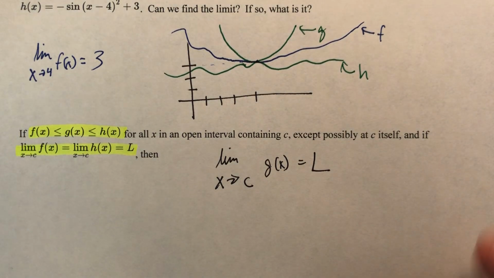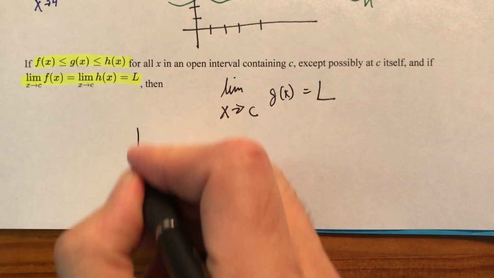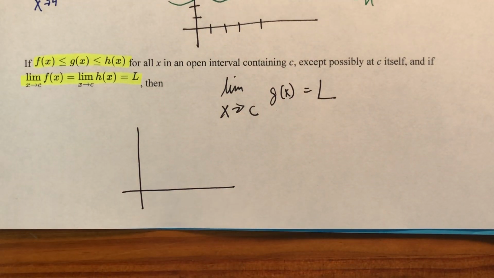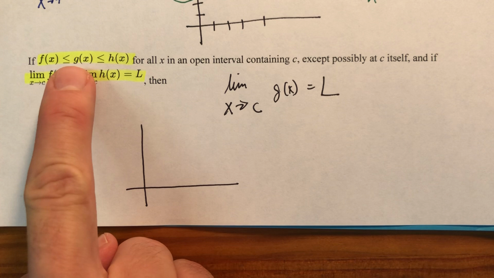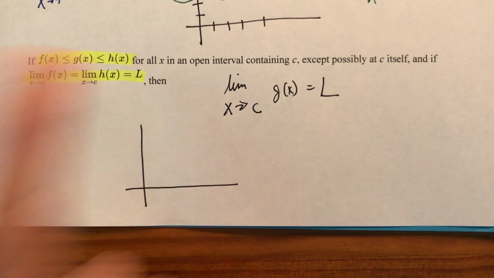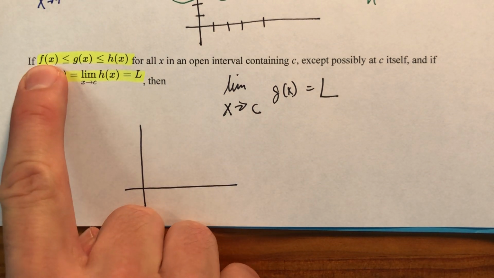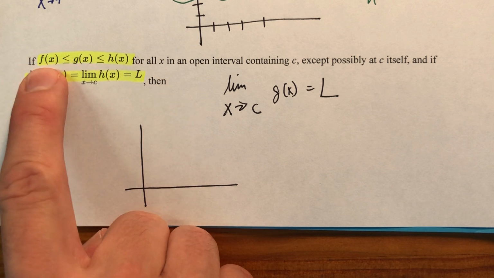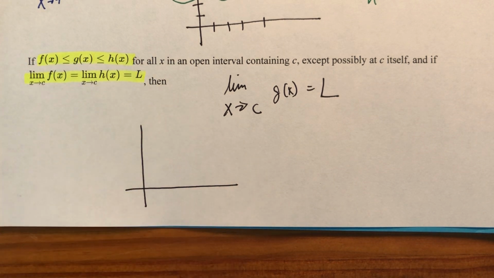All right, what am I talking about? Let's draw one more picture. Here is a function. Draw it however you want, but f is less than or equal to g, which is less than or equal to h, and the highest one, h, and the lowest one, f, have the same limit at some c value.